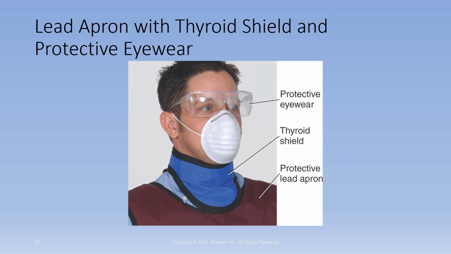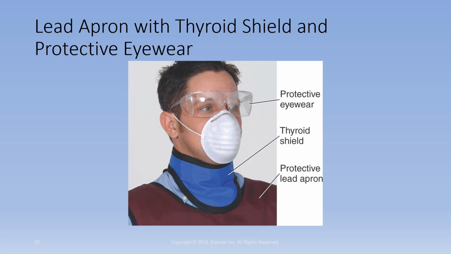And then the most effective way, the third cardinal rule of radiation protection, distance, is the best thing that you can do. It's governed by the inverse square law that says the intensity of radiation is inversely proportional to the square of the distance from the source.